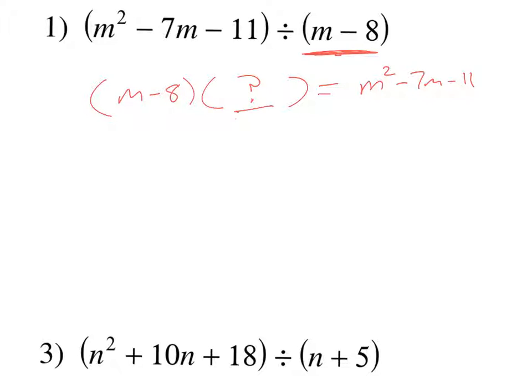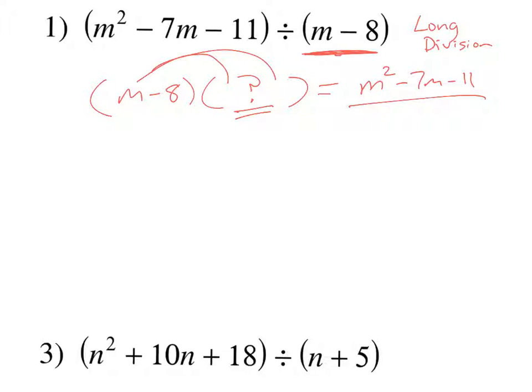We're looking for that missing polynomial, because when we multiply everything out, we should end up with this right here. That's our objective. So the process, we need to do long division. The process is called long division. That's what we'll be looking at today.